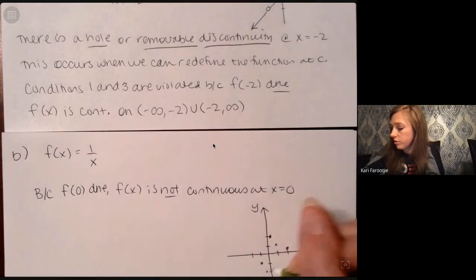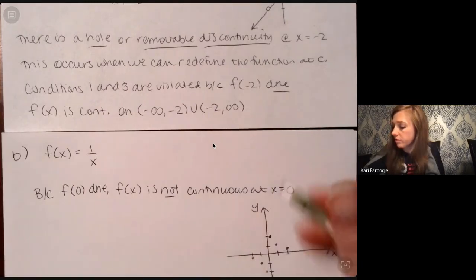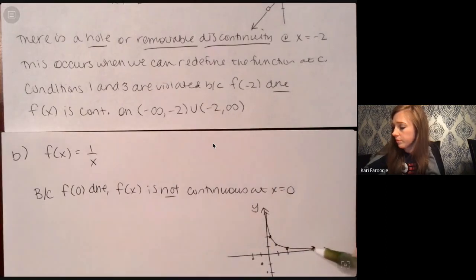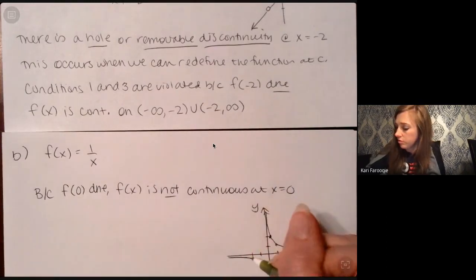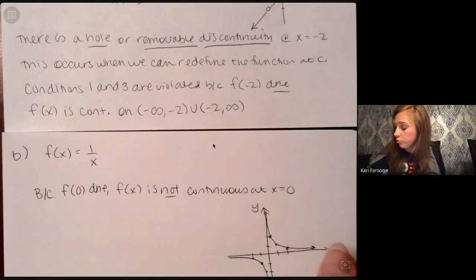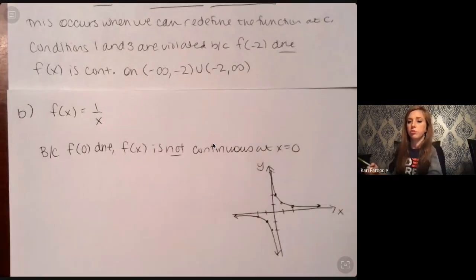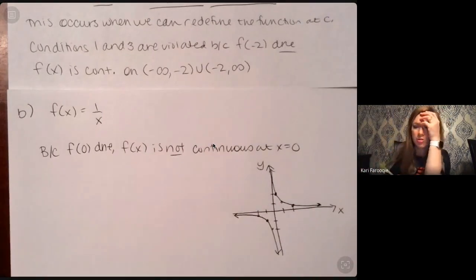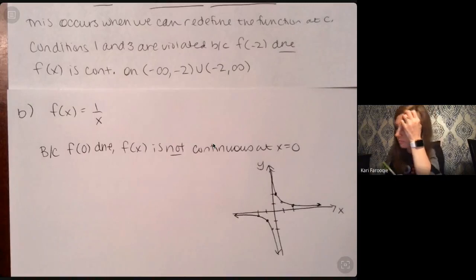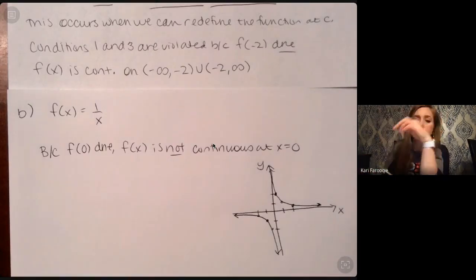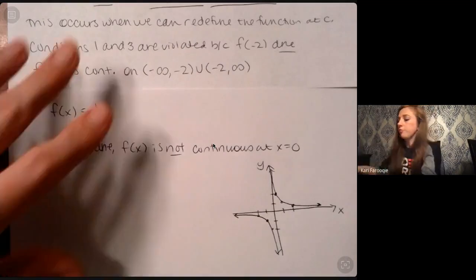So it kind of looks like this, and it's got these two wings to it. It is symmetric about the origin. If you remember your symmetry, it's an odd function. You'll always know a function is symmetric about the origin because you can flip it upside down and the picture looks exactly the same. So that's your reciprocal function, f of x equals 1 over x.